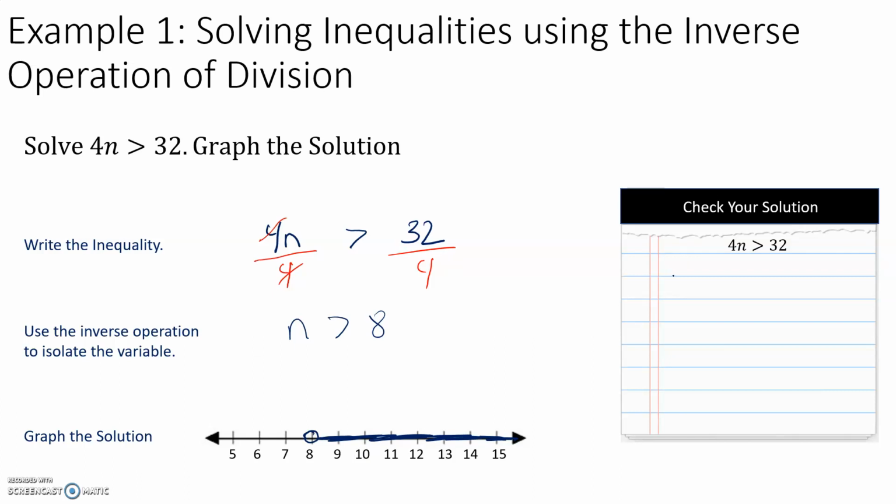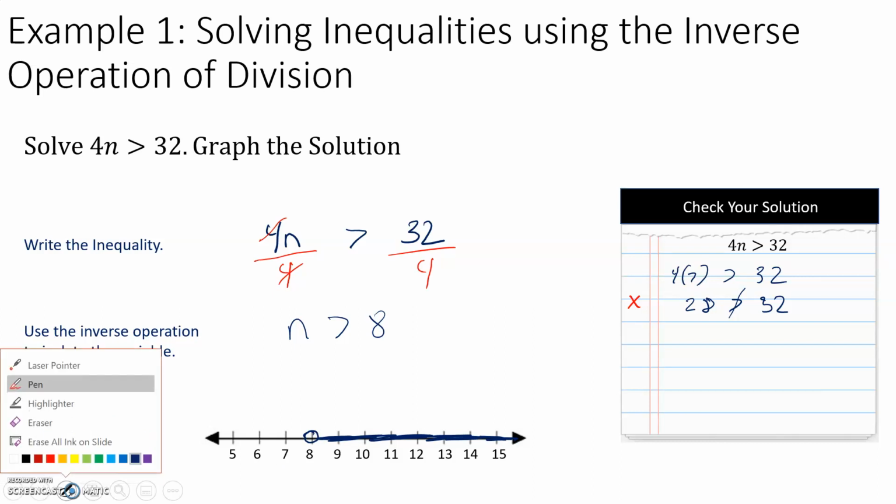So I have 4 times 7 greater than 32. I'm going to solve that, and that's 28. Oops, I just gave away the answer. Is 28 greater than 32? The answer is no, because 28 is less than 32. So that is not the correct inequality. So 7 is not a solution.